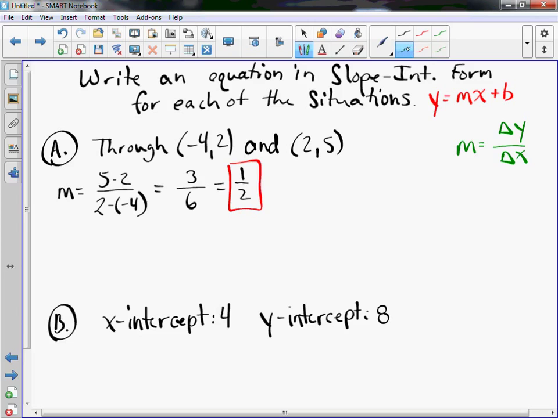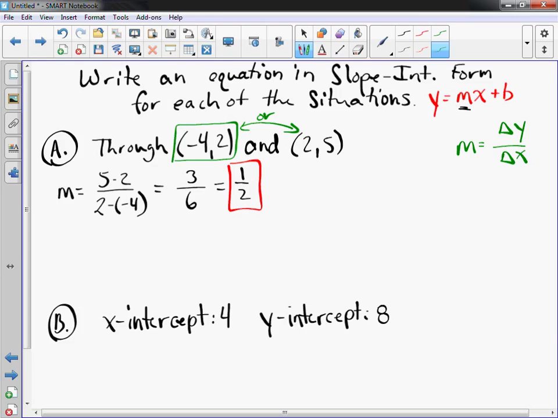Now, there are a couple of methods of going about this. You can take this 1/2 and plug it right in at the m, then take one of your points and plug in the y value and the x value, solve for b, and then back substitute. I think that one takes a little more time and is a little harder than remembering point-slope form. Currently I have a point, either one I want to choose, and I have the slope.